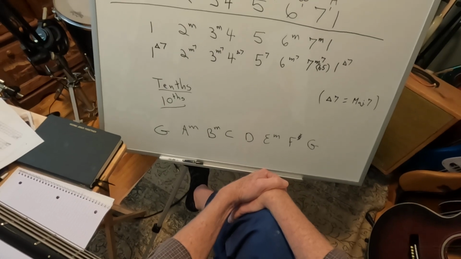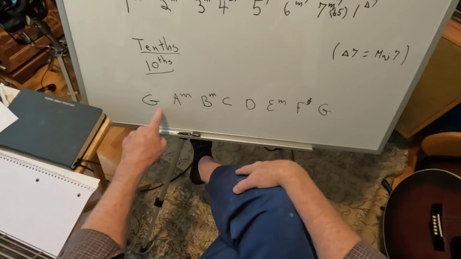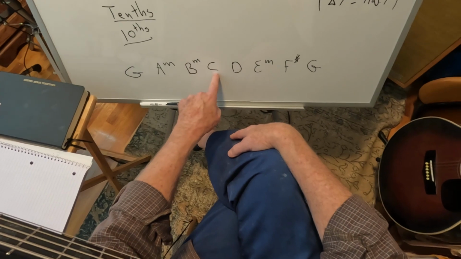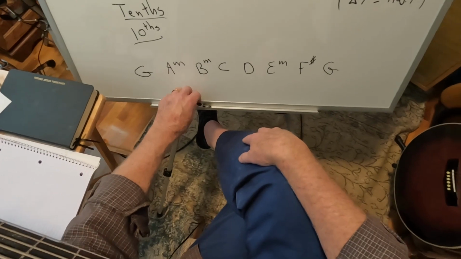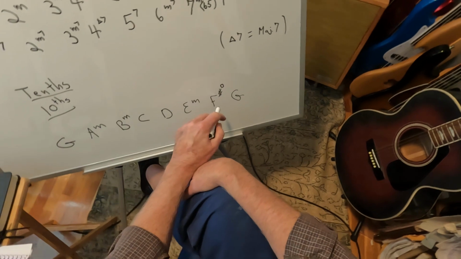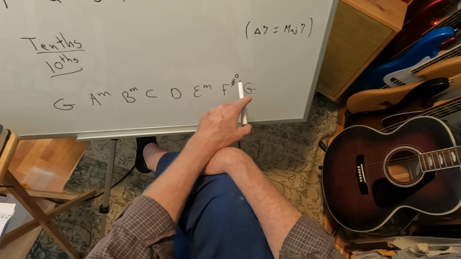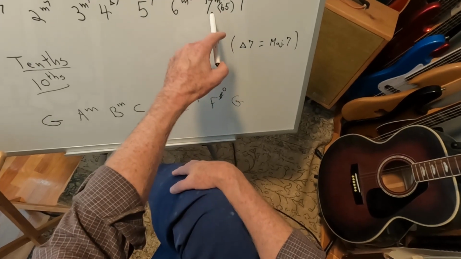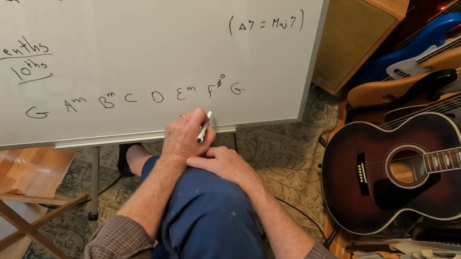So the major scale in the key of G is down here on the bottom: G, A minor, B minor, C, D, E minor, F sharp, we'll call that diminished, and then G. And we'll talk about the F sharp diminished, which is actually called a minor 7, or F sharp minor 7 flat 5.